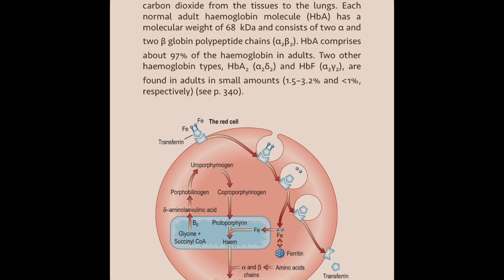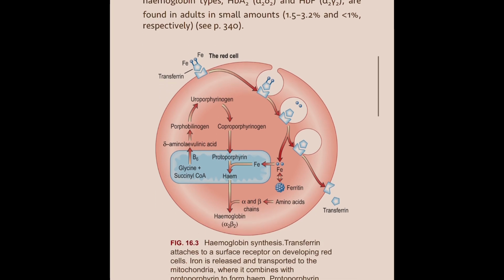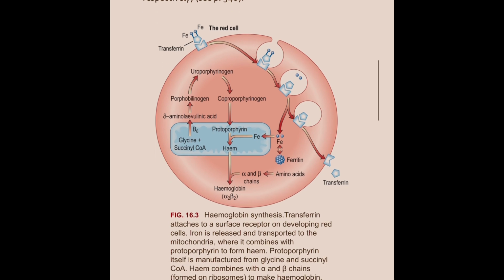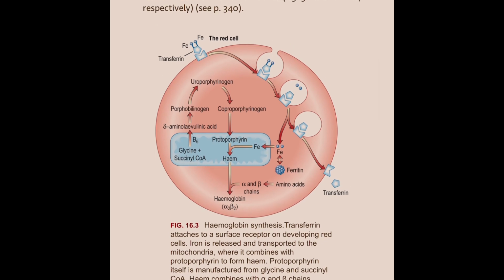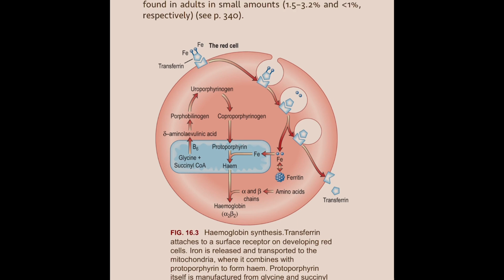So this is figure 16.3. Heme synthesis occurs in the mitochondria of the developing cell. Hemoglobin synthesis: transferrin attaches to the surface receptor on the developing cell.